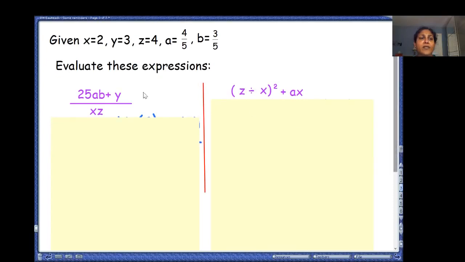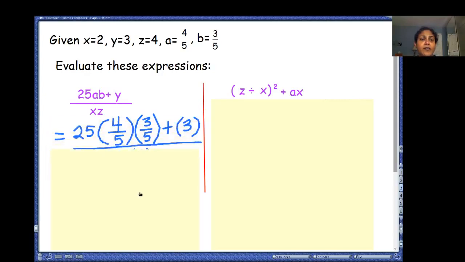So here we have 25ab plus y over x times z, and I had to do some writing on my surface. It's not very nicely done, but I expect you to show me great work in your notebook. So first I'm going to substitute using parentheses. In the numerator, those are the numbers, and the denominator is 2 times 4. In the numerator, it's 25, and then on the bottom we have 5 times 5, which is also 25.